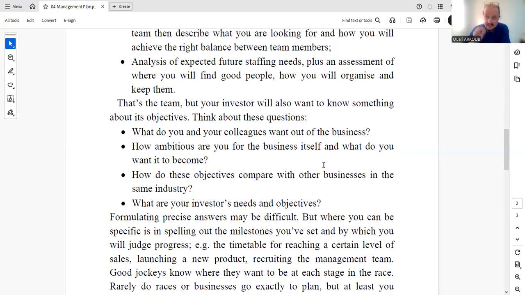Formulating precise answers may be difficult. It's very difficult. But where you can be specific is in spelling out the milestones you have set and by which you will judge progress. Example: the timetable for reaching a certain level of sales.